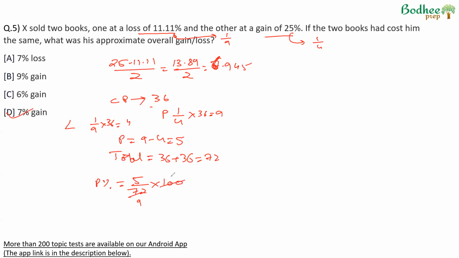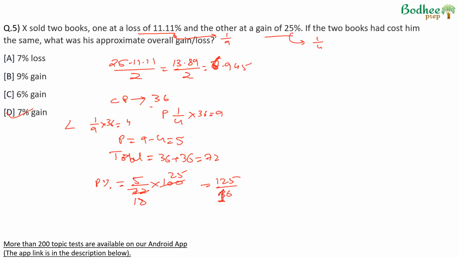Divide by 4. 72 by 4 is 18. 5 into 25, 125 by 18.